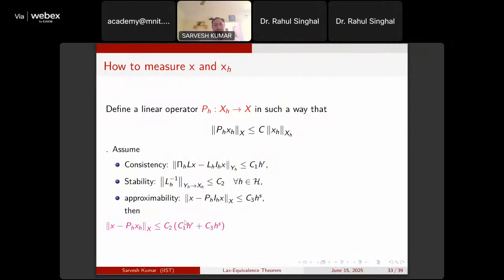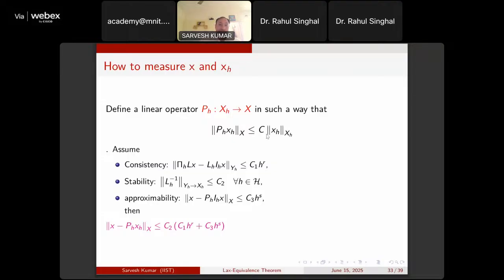So now, actually, how do you measure X and XH? Suppose you want the error in X, you don't want to impose it on XH, right? So the idea is you can define another linear operator PH from XH to X. Then X minus PHX will make sense.